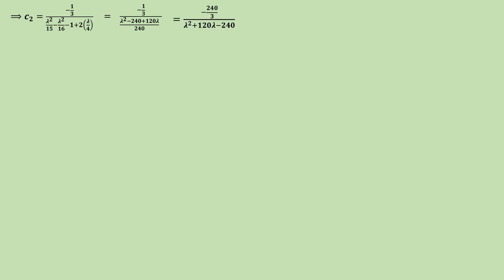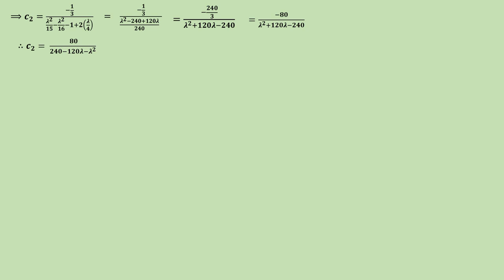So 240 goes to the numerator, minus 240 by 3. Then the denominator is lambda square minus 240 plus 120 lambda. Multiplying by minus on both sides, 240 by 3 is 80.